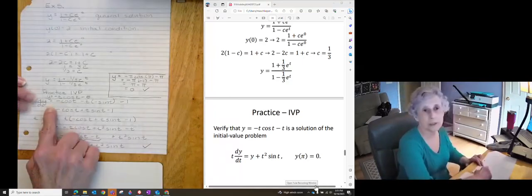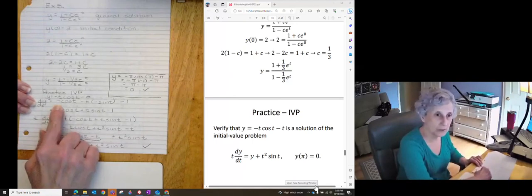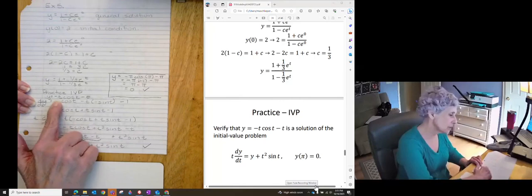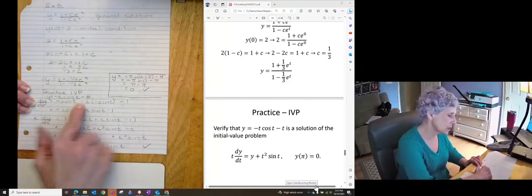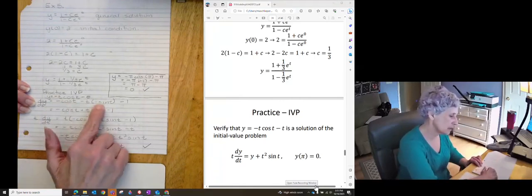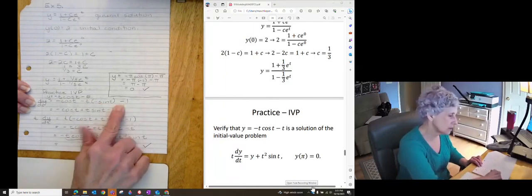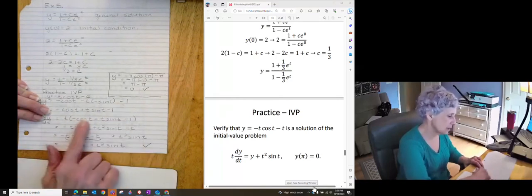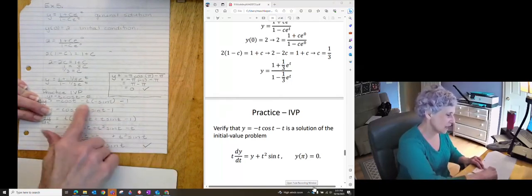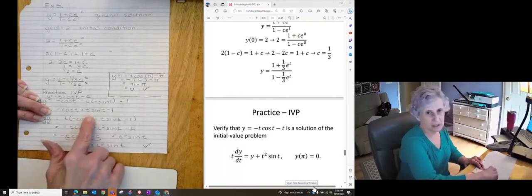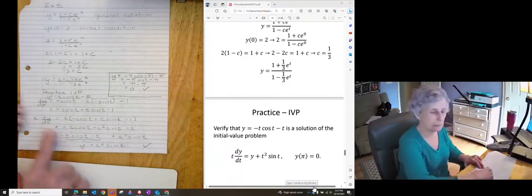So I wrote down the problem. I took the derivative. It was a product rule, so derivative of negative t times cosine, negative t times the derivative of cosine minus the derivative of negative t. So then I just did a minus minus and made it a plus.